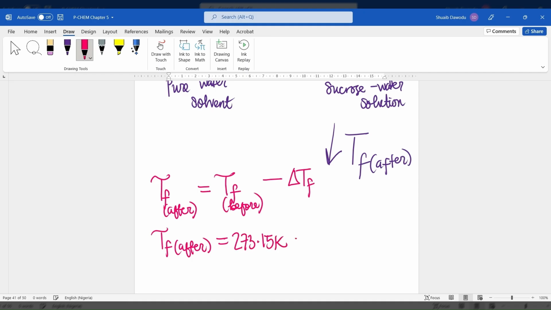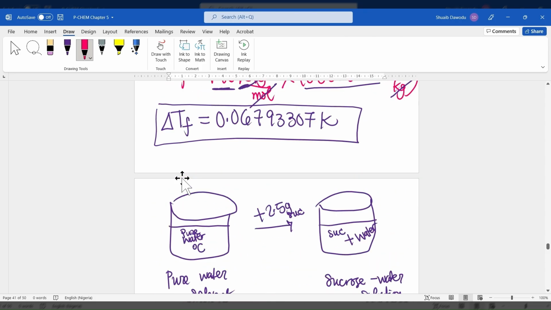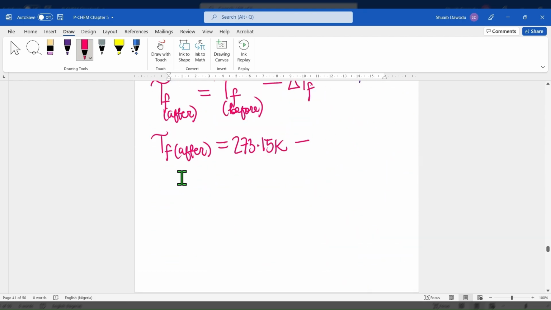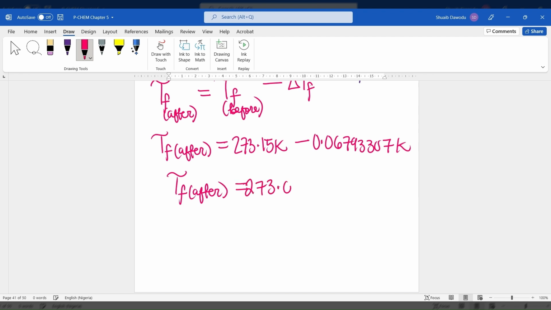Of course, we have to convert that to Kelvin, which is simply 273.15 Kelvin, minus the freezing point change value that we calculated, 0.06793307 Kelvin. When you subtract them, it's simply going to be 273.0820 Kelvin.